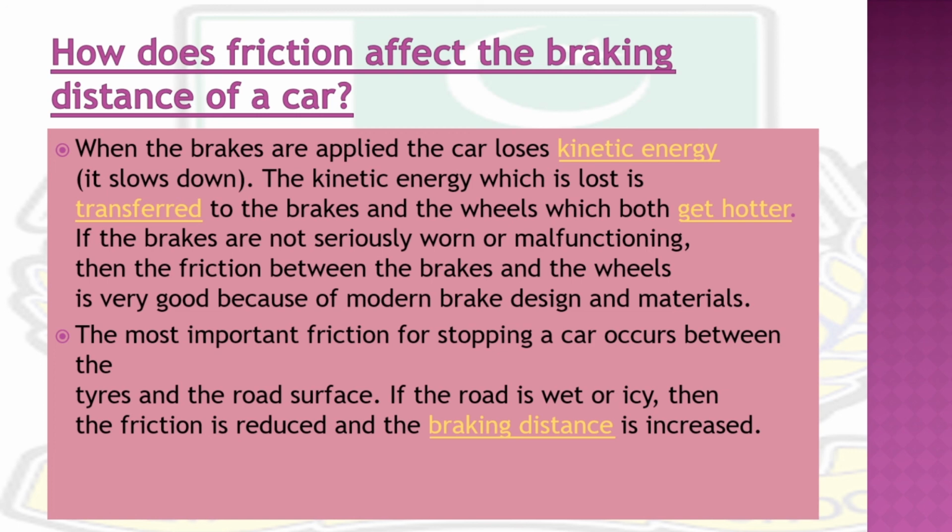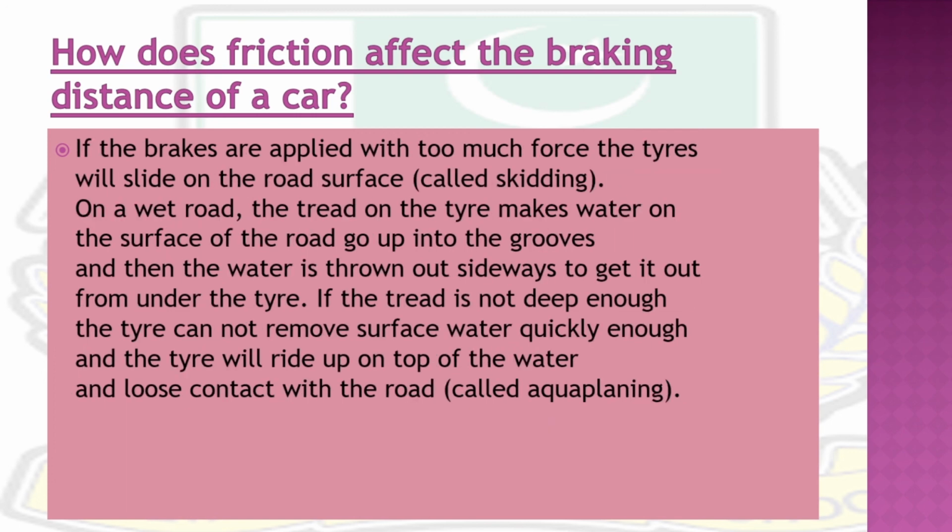The most important friction for stopping a car occurs between the tires and the road surface. If the road is wet or icy, then the friction is reduced and the braking distance is increased. If the brakes are applied with too much force, the tires will slide on the road surface, which we call skidding.